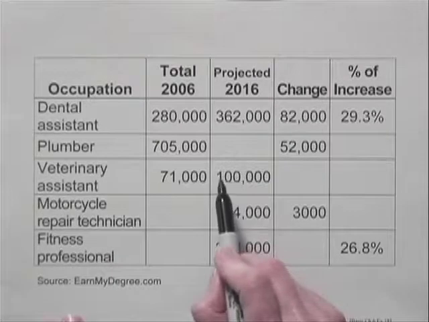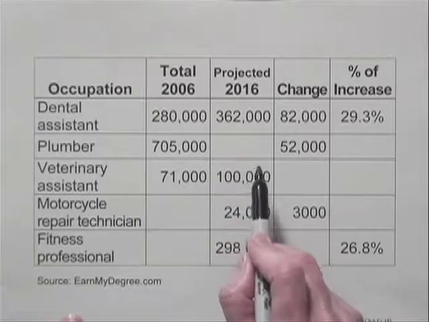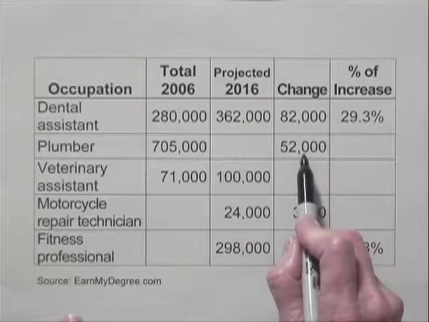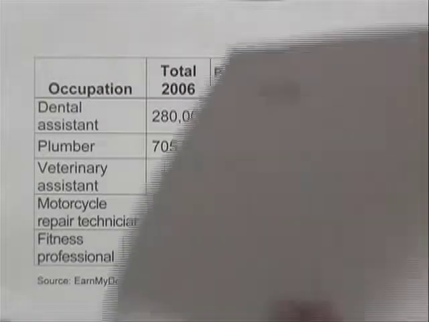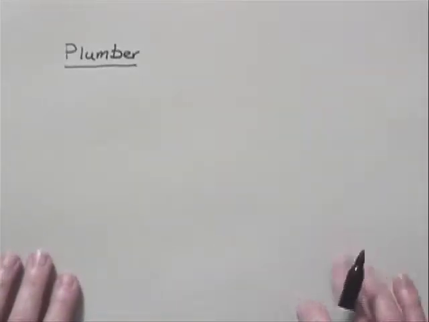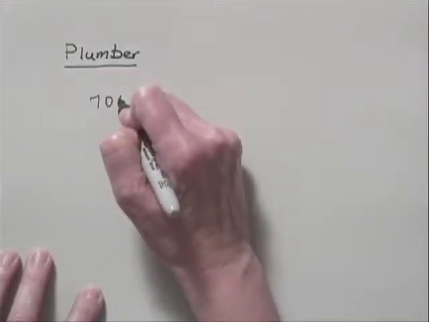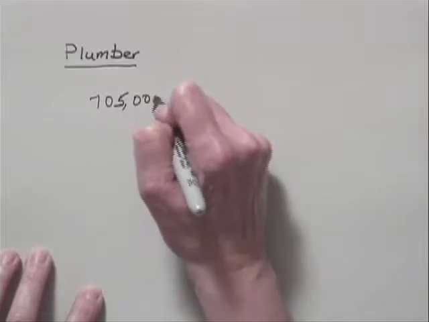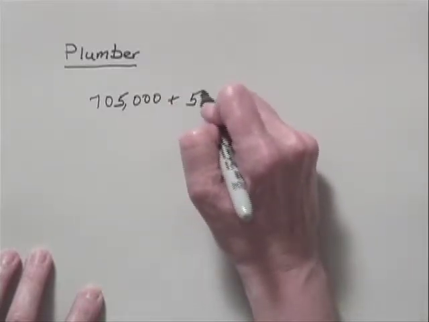And the first thing that we want to find is the projected number of jobs in 2016. And we know that it's going to be 52,000 more than the number in 2006. So we can add to fill in that part of the table. We would add the number of jobs in 2006, which was 705,000, and the projected increase, which is 52,000.